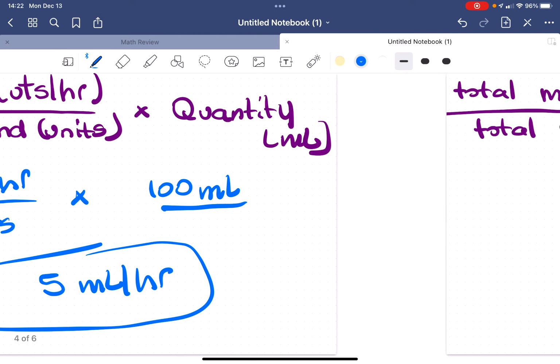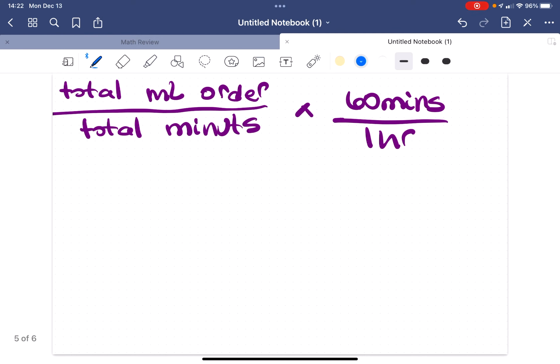Okay? Moving on to the next one. We have number 4, the healthcare provider orders 100 milligrams of furosemide, and it's in 10 milliliters of solution. It needs to be administered over 15 minutes. At what rate do you set the infusion pump?